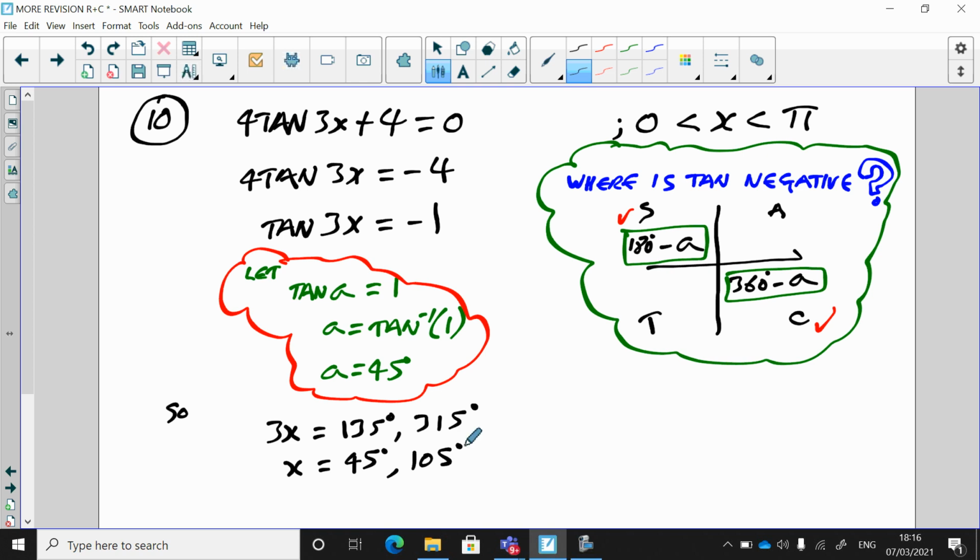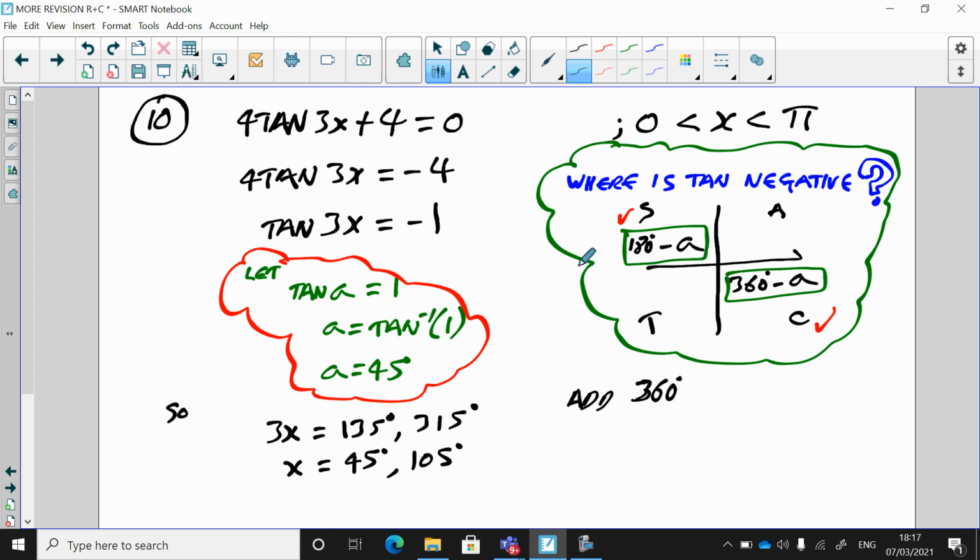But because it's 3x, what I need to do with these two solutions is go up to 360. So we have to add 360 divided by my x number, and my x number is 3. Right, so it's 3x divided by 3.